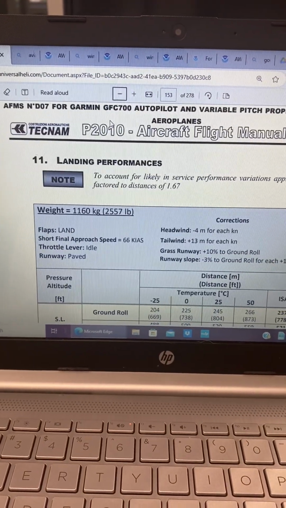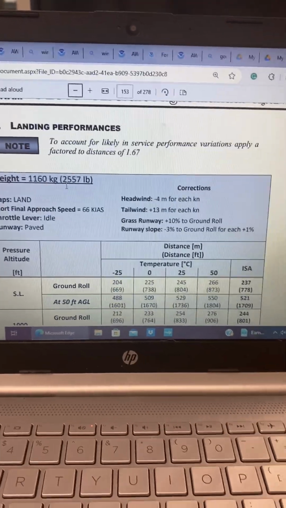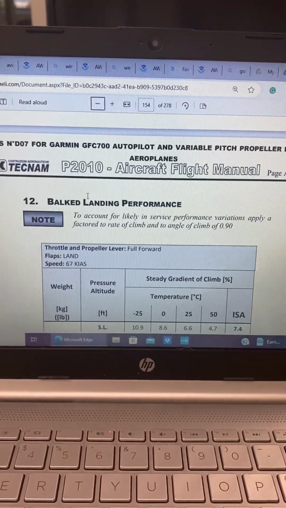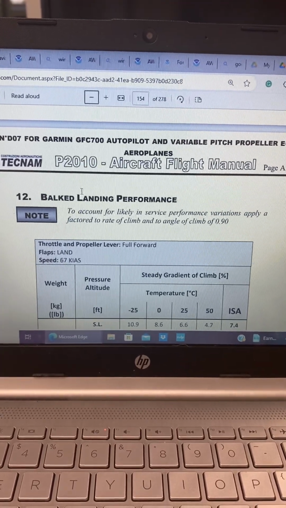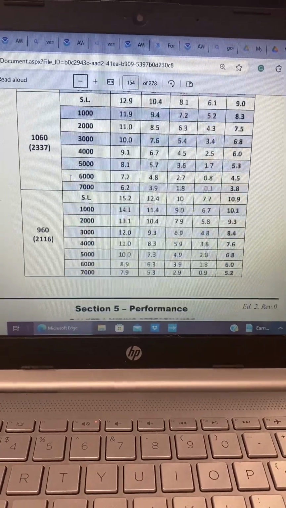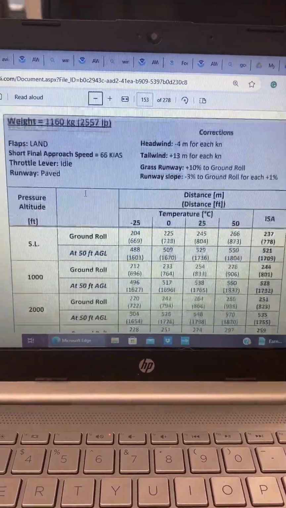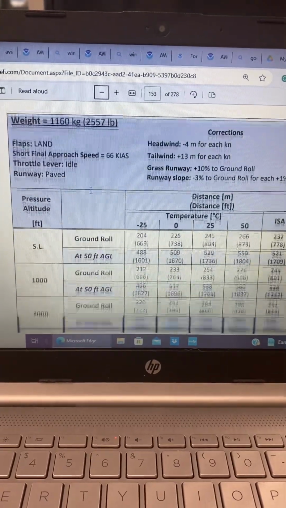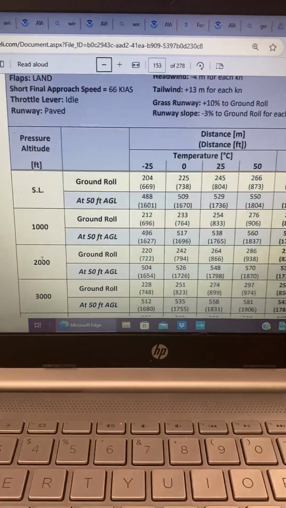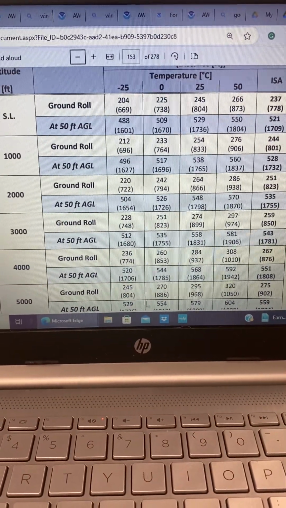Landing performances, okay? So when we land, we're going to be close to 2,200 pounds, okay? So we're going to keep going to the next chart. Well, it looks like we only have one chart, okay? So we're going to use this one chart. Again, we're going to go to our pressure altitude, which was about 5,000 feet right here. And we're going to 25 degrees.